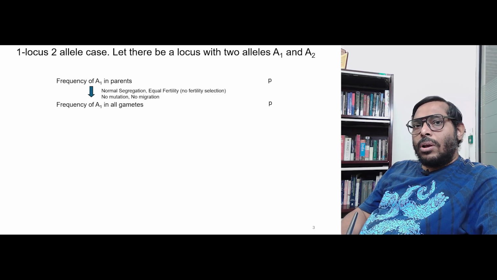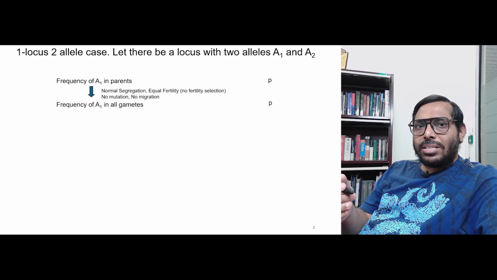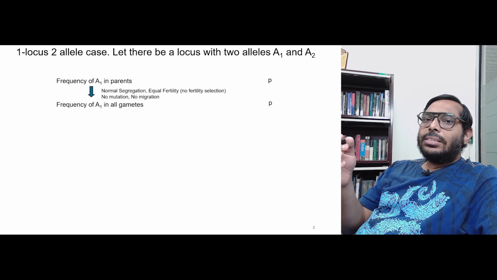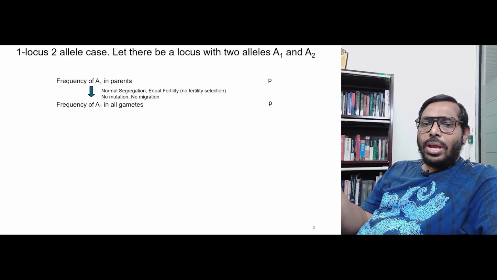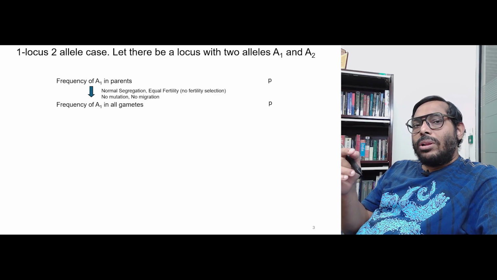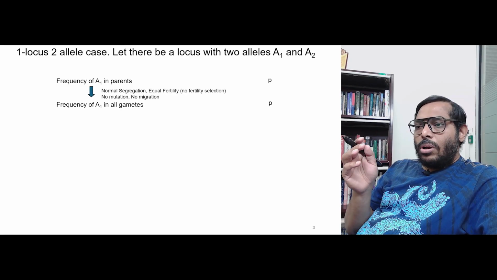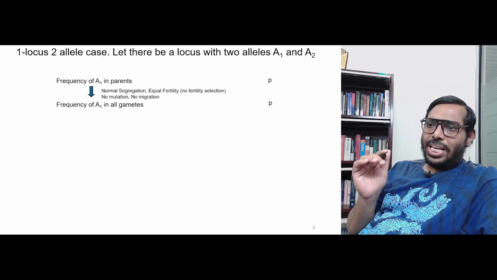Similarly, suppose one of the genotypes is producing more gametes compared to the other genotypes. Say A1 is producing more gametes than A2, in which case obviously A1 will be more represented in the population and the frequency of A1, P, will go up. So, we need equal fertility to ensure that P does not change.